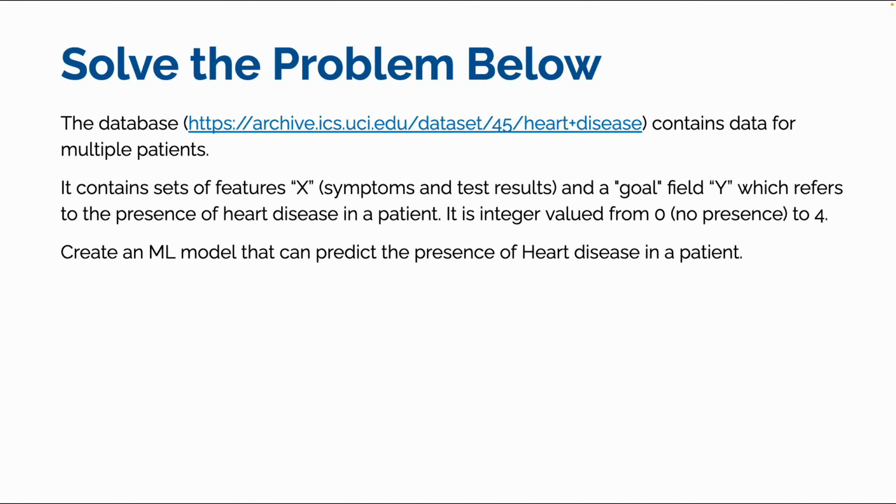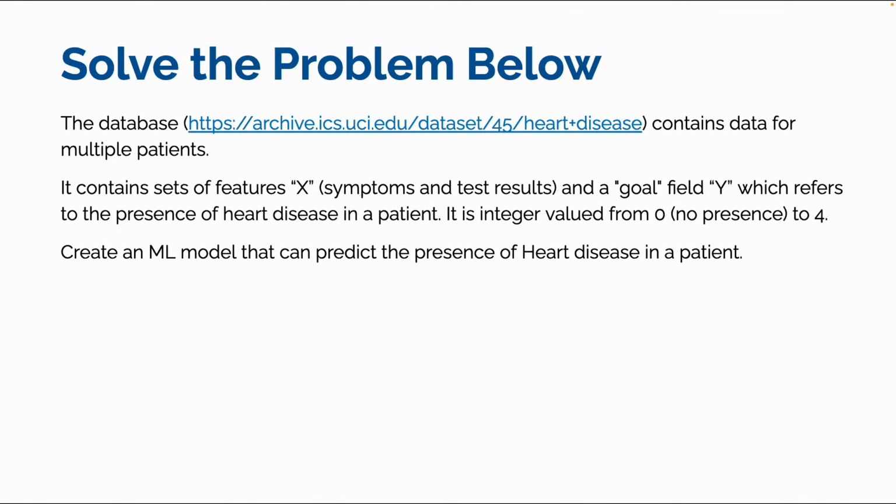Now, let us solve a simple ML problem. Let me read the problem. The database contains data for multiple patients. It contains sets of features X and a goal field Y, which refers to the presence of heart disease in a patient.